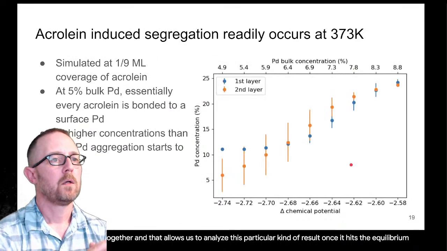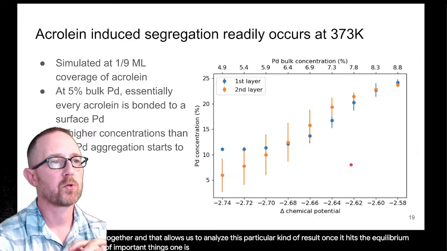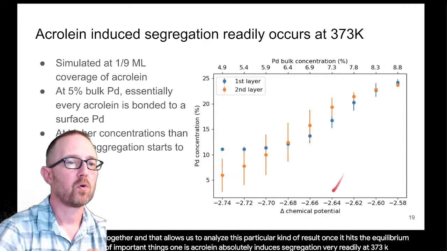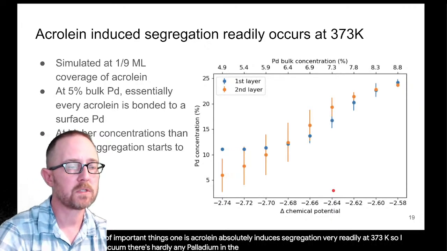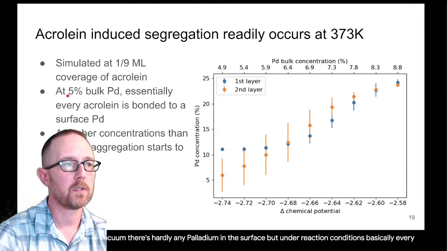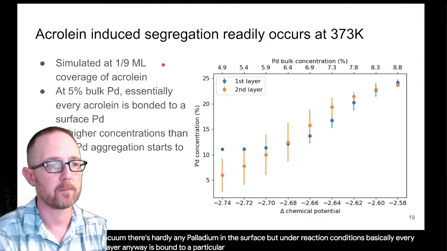So that tells us a couple of important things. One is acrolein absolutely induces segregation very readily at 373 K. So I showed you before, in vacuum, there's hardly any palladium in the surface, but under reaction conditions, basically every molecule at 1/9 of a monolayer anyway is bound to a palladium atom.